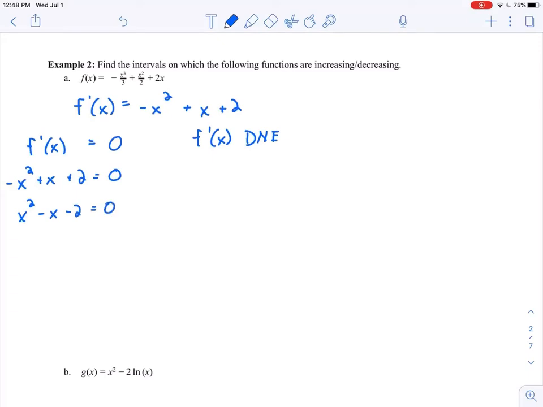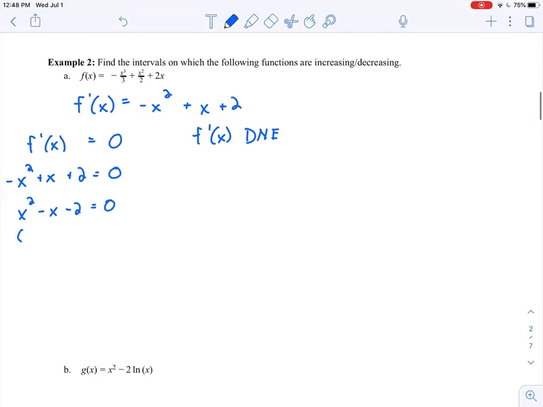And I think that this is a lot easier to work with, because now we can factor. We should be able to factor x minus 2 times x plus 1 is equal to 0. So let's see, I will take each factor, set it equal to 0. I should end up with x equals 2 and x equals negative 1. These are two of my partition numbers.